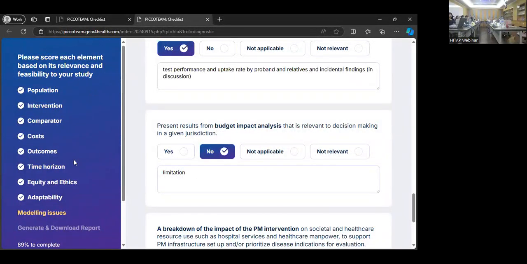And for the comparator, follow the best practice to identify the common practice in the local setting, and potentially identify another very promising and best alternative in the market or to be launched to the market.